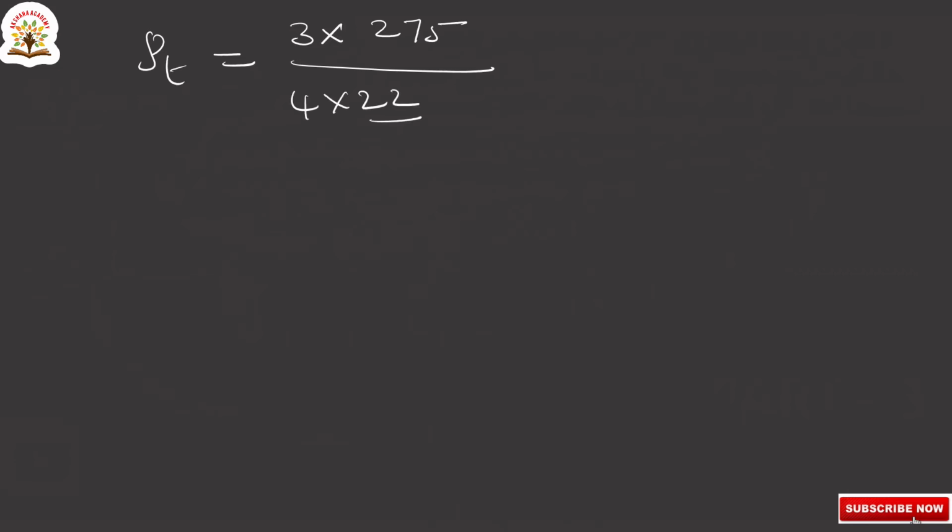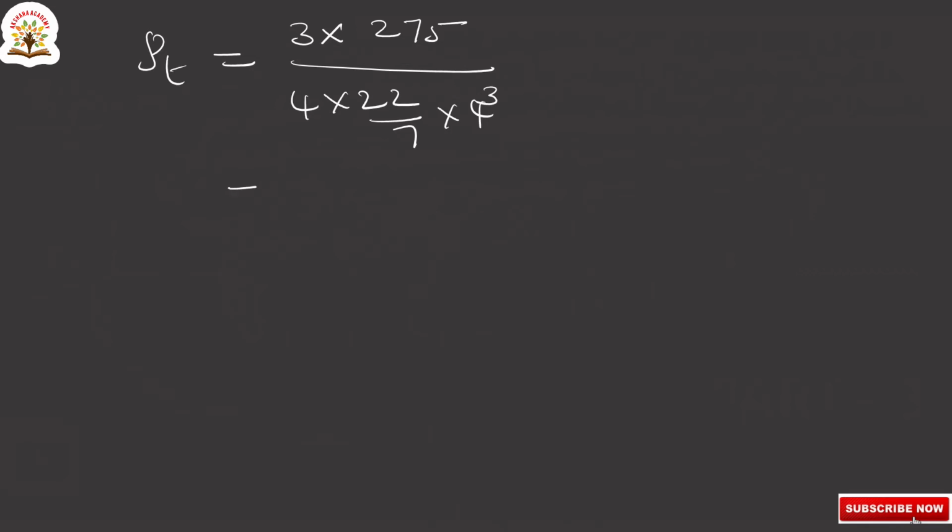Next, rho T is equal to 3 into 275 by 4 into 22 by 7 into 4 cube.